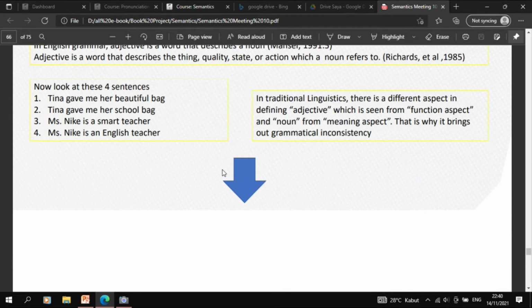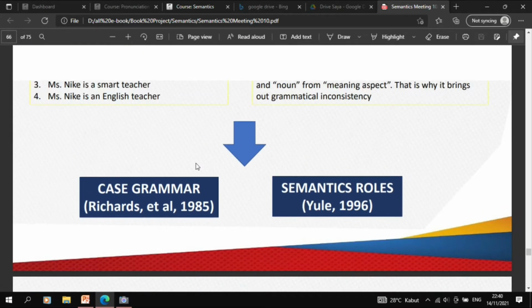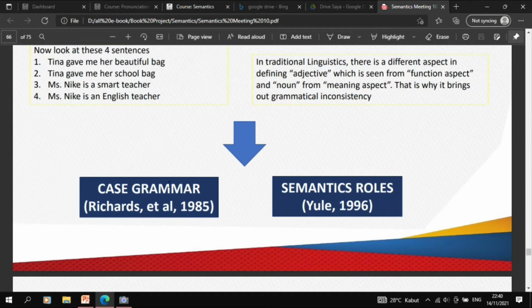Last meeting we discussed the theory from Richards' case grammar. Richards proposed this theory in 1985, and later on, in 1996, Yule made a different perception, but actually it is still the same. Do not be confused that it is actually a different theory.